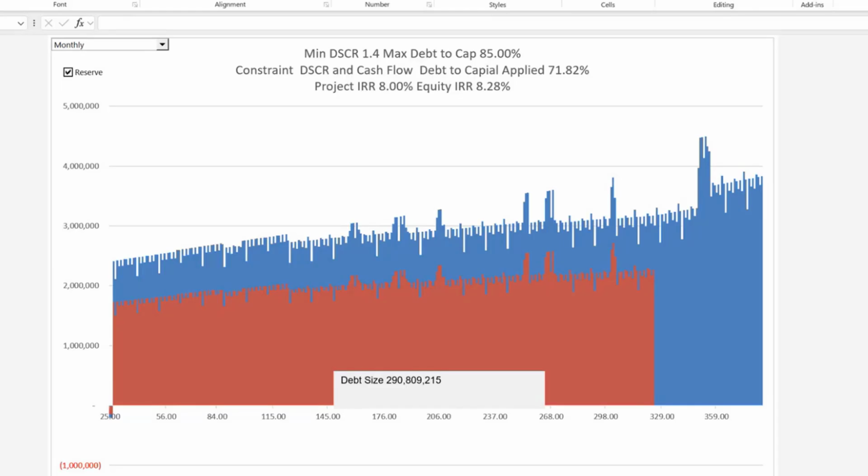I assume you don't get a tax deduction for the amount you reserve. You have to wait and get the tax deduction when you actually make the expenditure. So you get that big tax deduction afterwards, and the CFADS is normally after tax. So that was my question. Okay, is that okay? Thank you. Great.